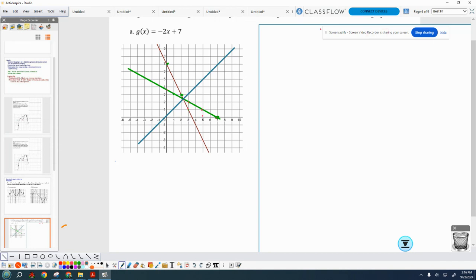This brown, if it folds over the blue line, lands on the green. This brown lands on that green if it folds over that slanty y equals x line.